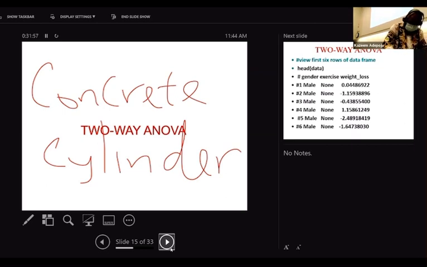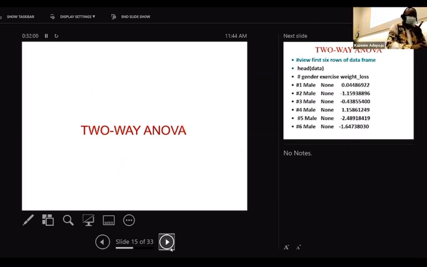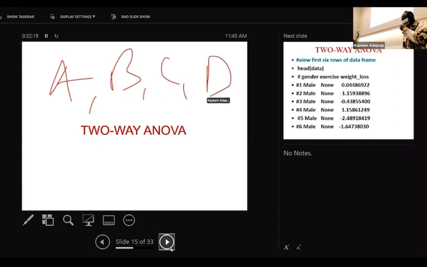For those of you online, if you cannot see the board, I'm trying to say you are manufacturing a concrete cylinder for bridge support, and you have 4 possible drying methods, A, B, C, D. You are looking for the drying method that will give you the best compressive strength.